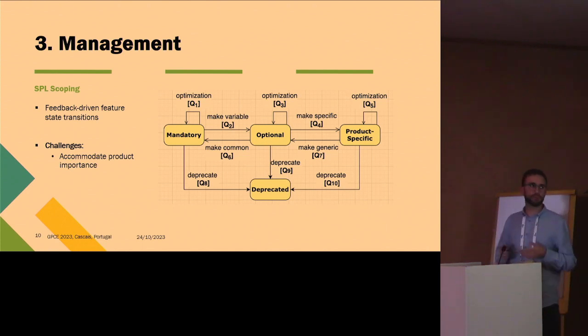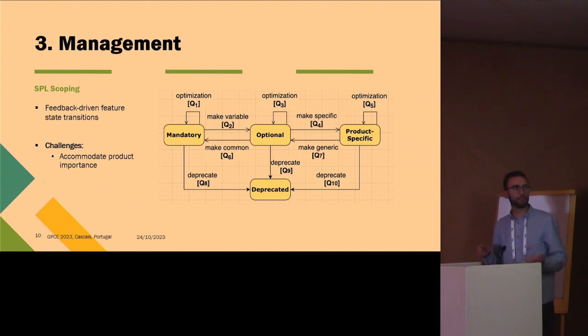And the scoping of features refers to deciding what features will be part of the platform and what other features will transit from optional to mandatory or from mandatory to optional.